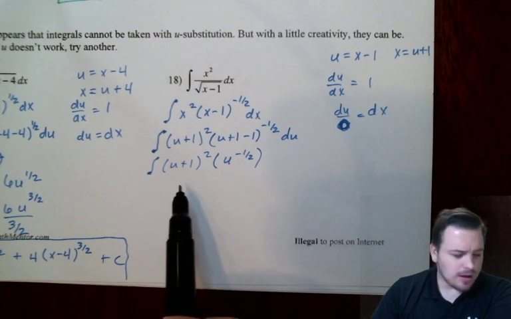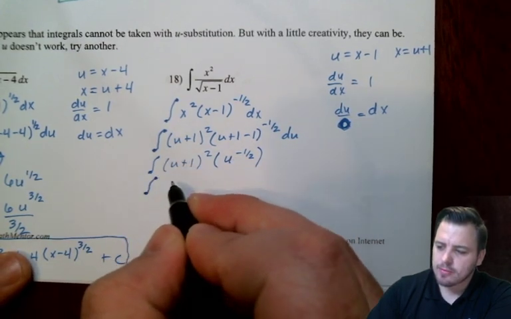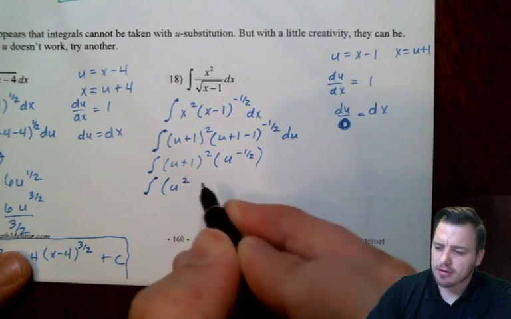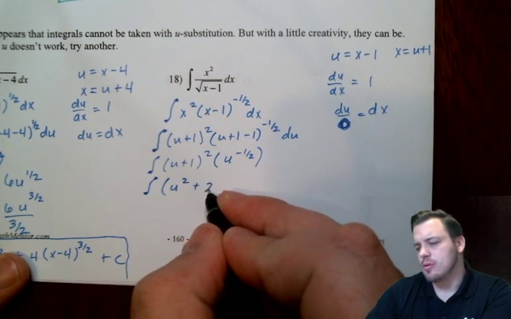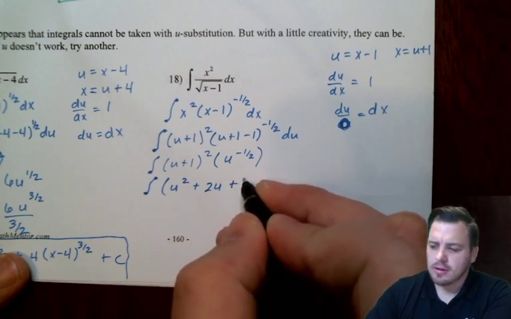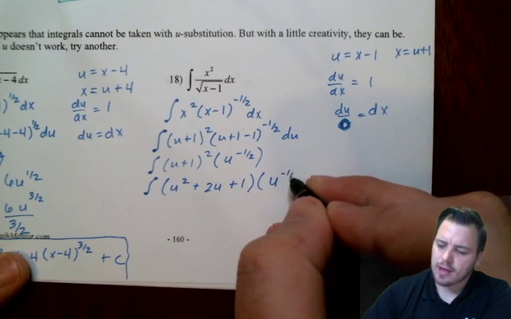That would give me, so let's do this. U plus 1 squared would be u squared plus 2u plus 1. Then we have to multiply all that times u to the negative 1/2.